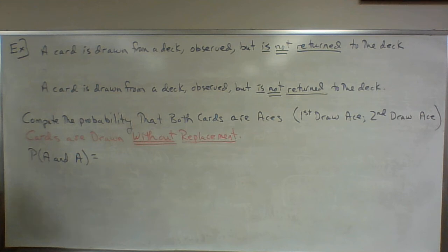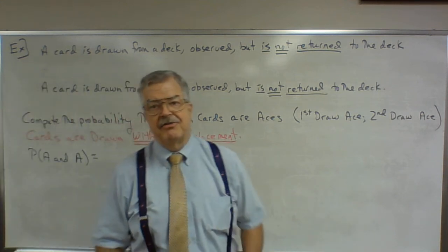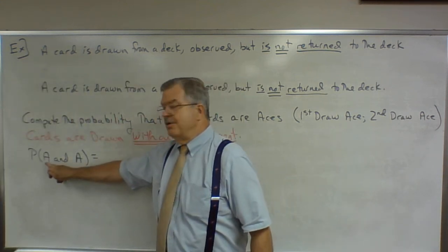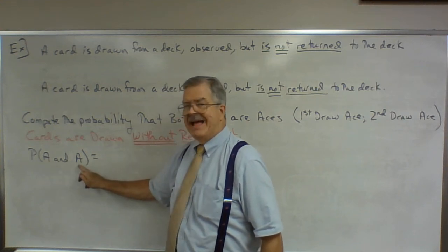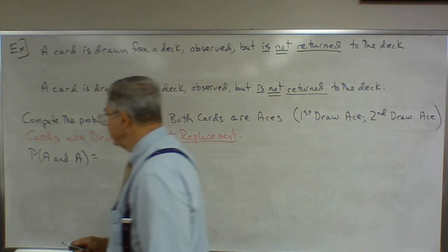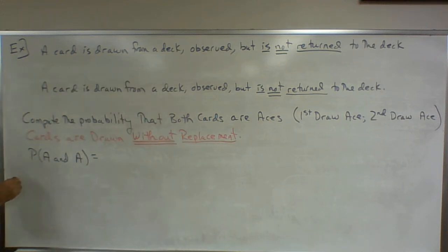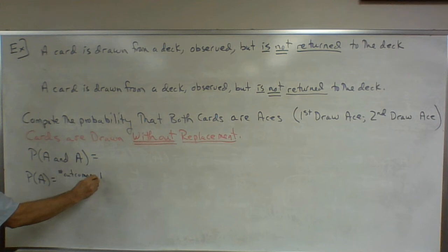In these multi-stage experiments, we always assume that this thing happens and then afterward that thing happens. So the probability that we get an ace on the first card is the number of outcomes resulting in an ace over the total number of outcomes.